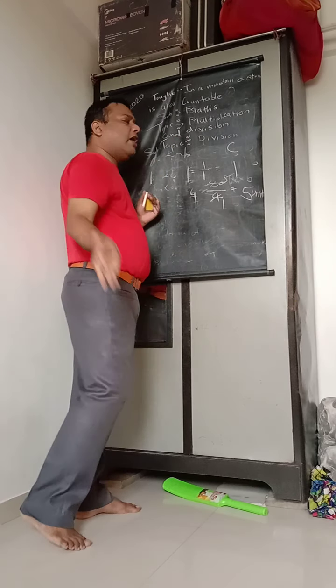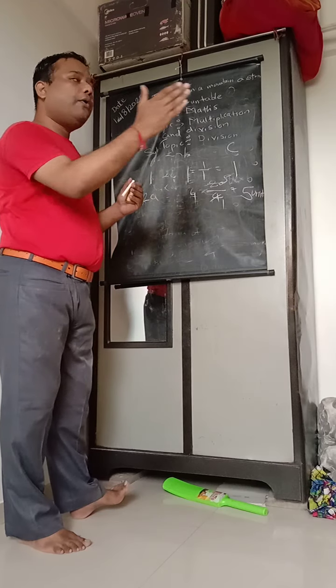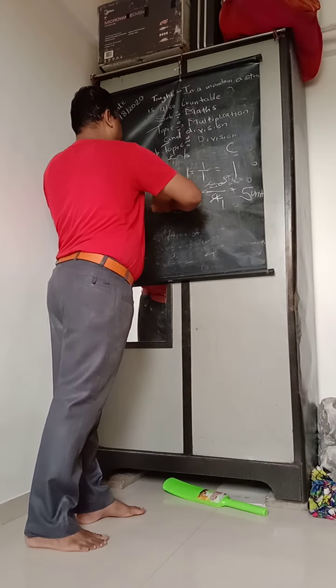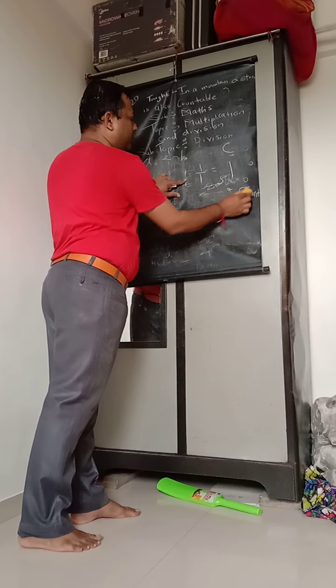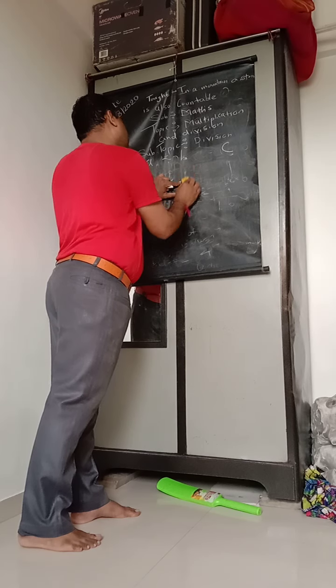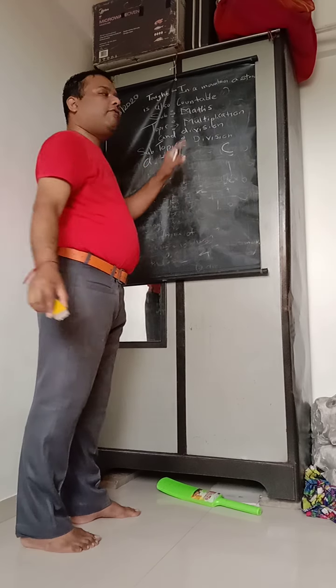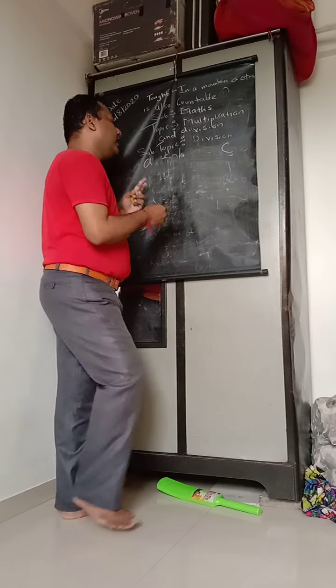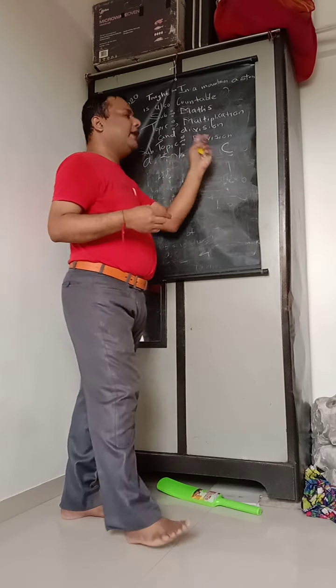But here we are taking how it's formed. Listen, my friends, I'm taking multiplication also, so you follow that also. When A divides B, it gives C.